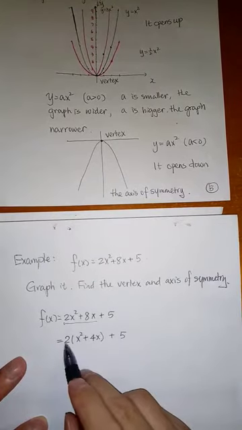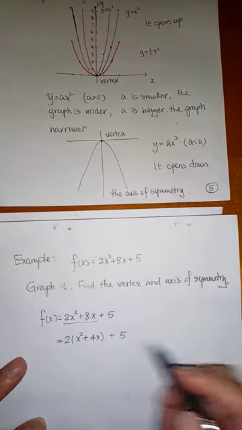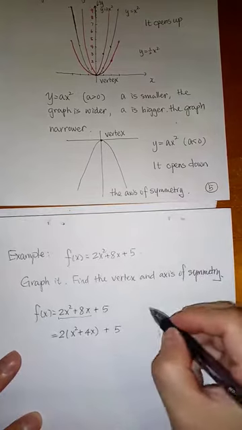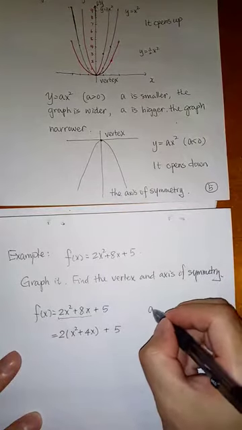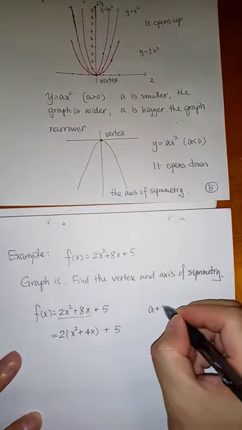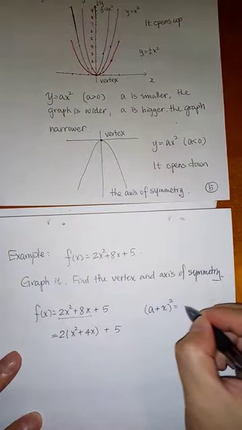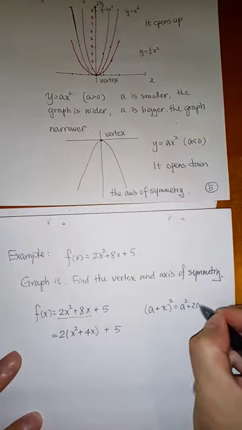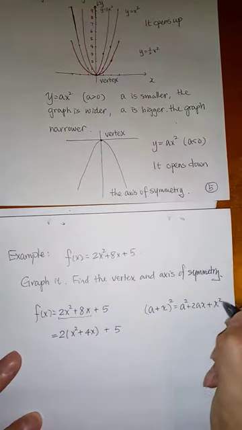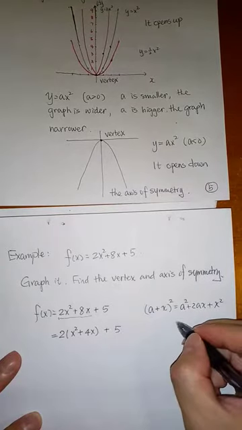If it has a sign, you also factor out the sign. And then recall that a plus x squared is a squared plus 2ax plus x squared. You can write a squared first or x squared first. It doesn't matter.